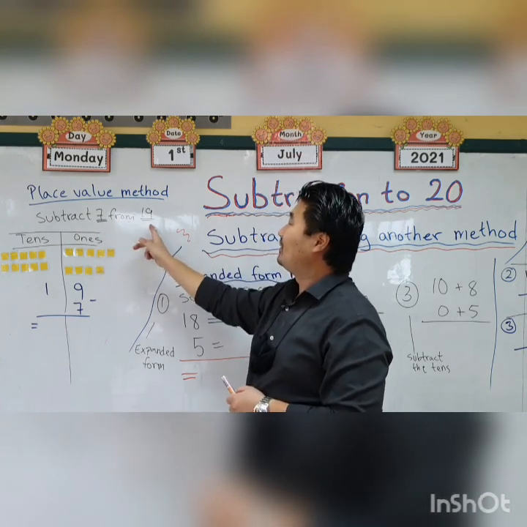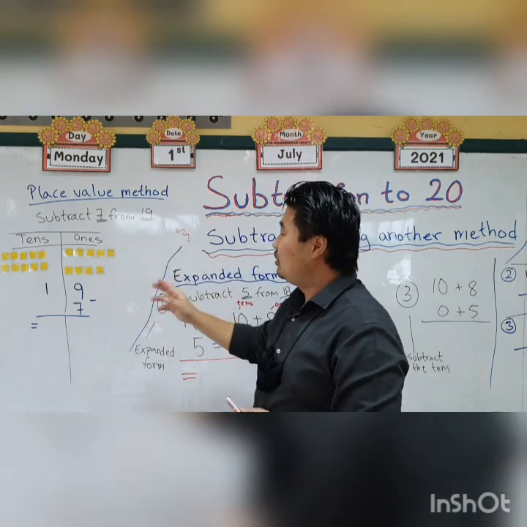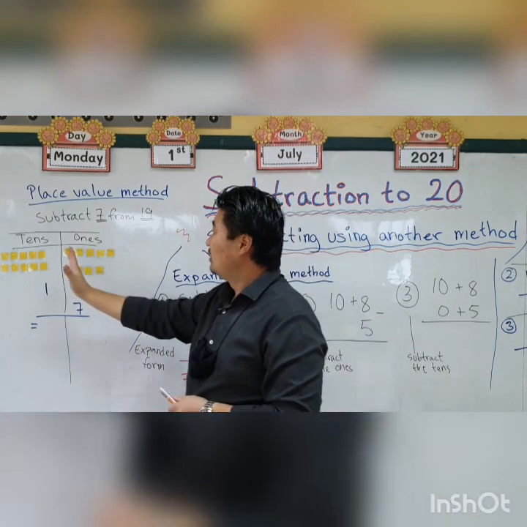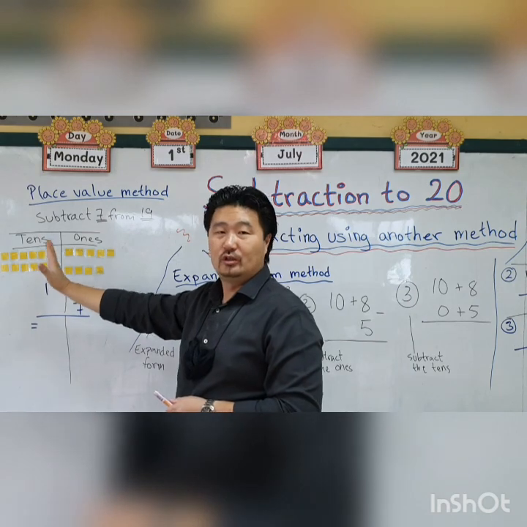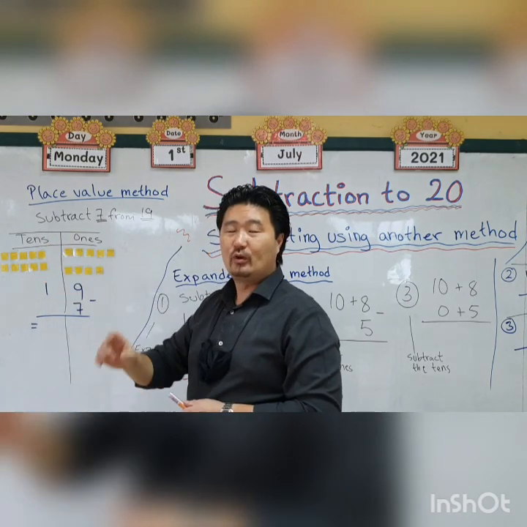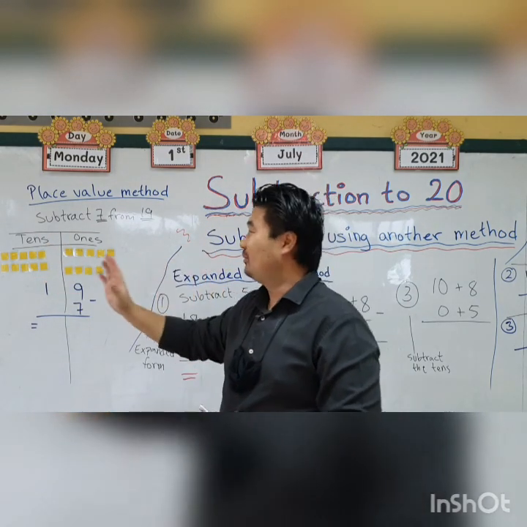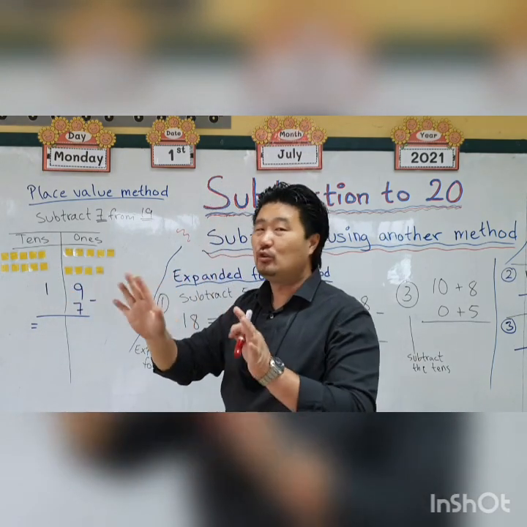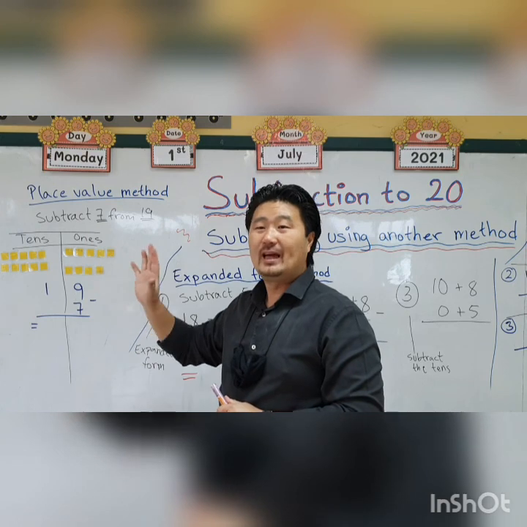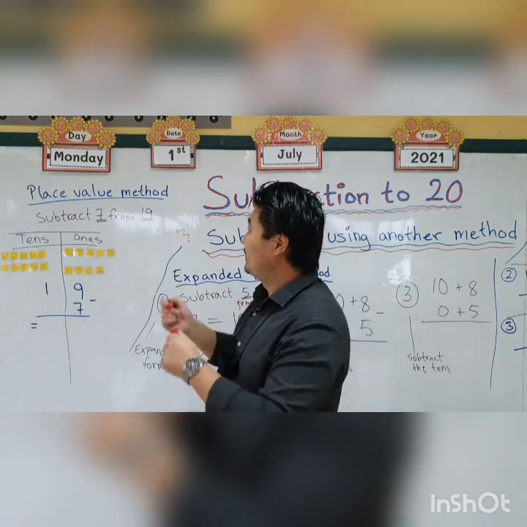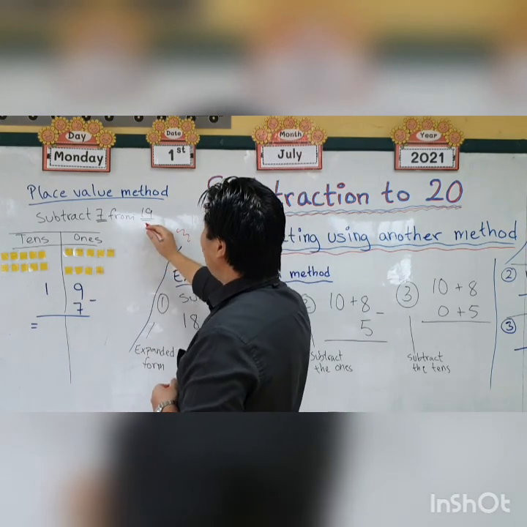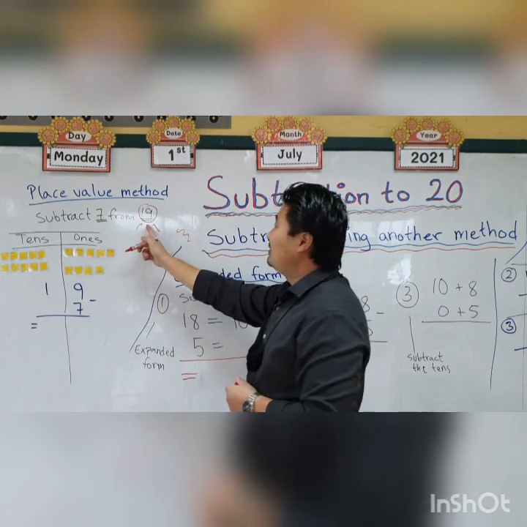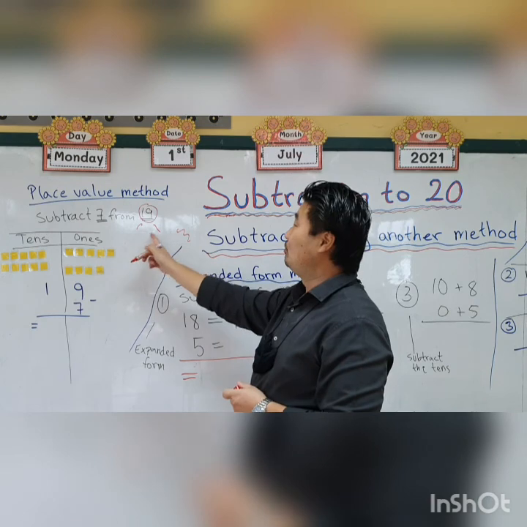7 from 19. So that we do by deducting 7 from 9, because we do not need to touch the tens. We have 1 ten, but we do not need to focus on that at all right now. So instead, 19, if we use number bonds, then we separate 19 into 2 parts.